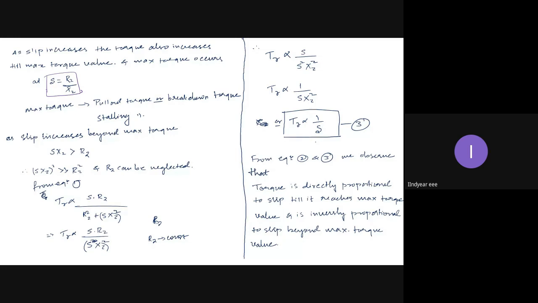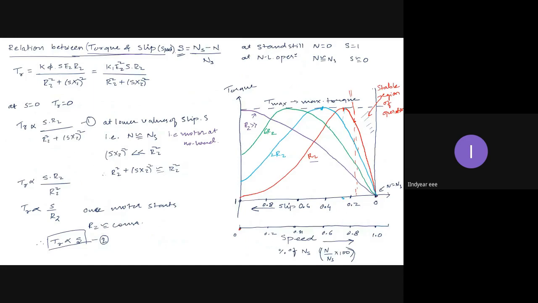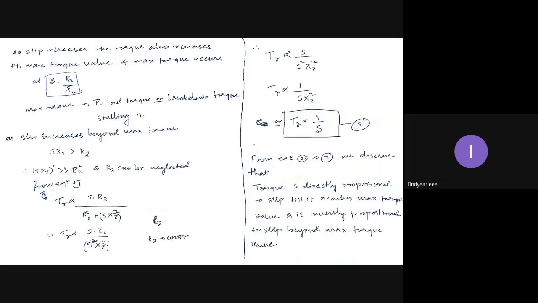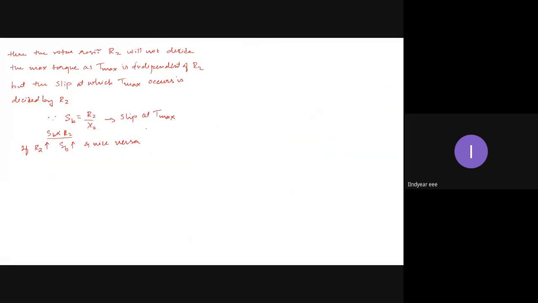So with this we can observe the torque slip curve is increasing linearly till maximum torque, and beyond that point it is decreasing. The value of maximum torque may not be decided by the rotor resistance R2, but the point at which maximum torque occurs is decided by R2.